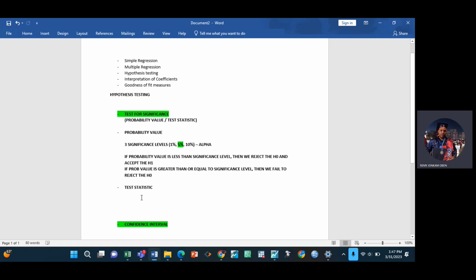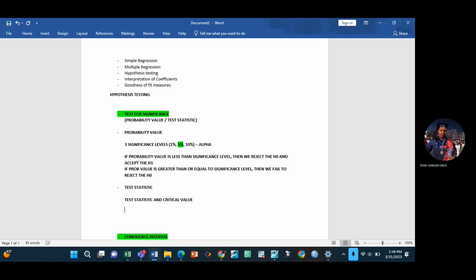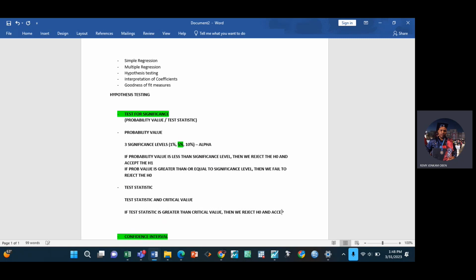Now, we can use test statistic to perform this same test of significance. With test statistic, we have 2 things. We have the test statistic, we have the critical value, right? If test statistic is greater than critical value, then we reject the null, and accept the alternative hypothesis, right?